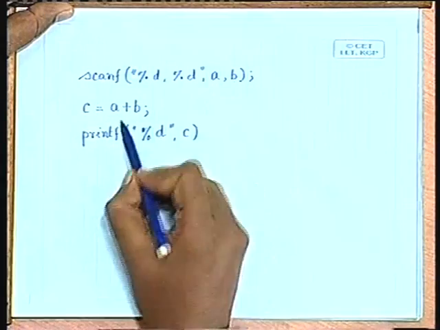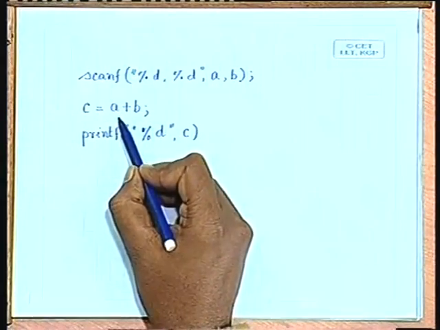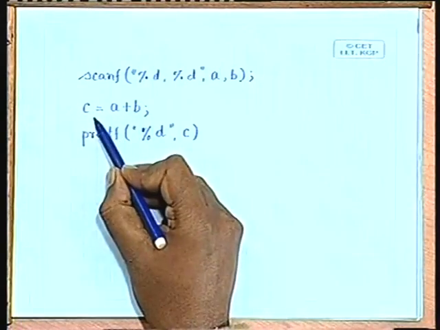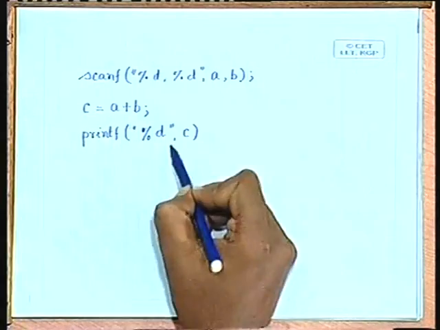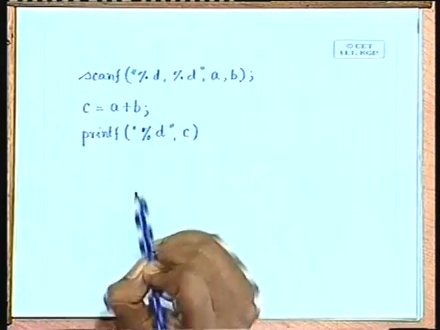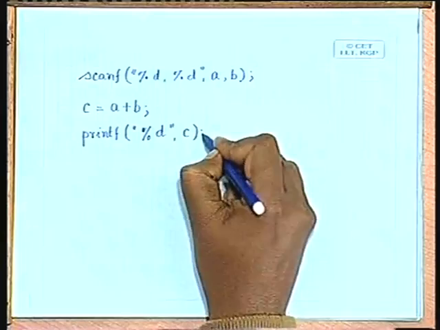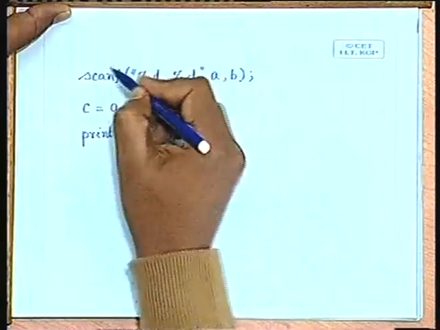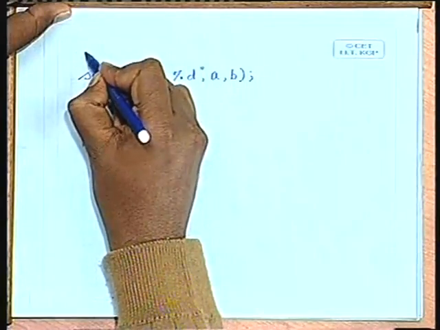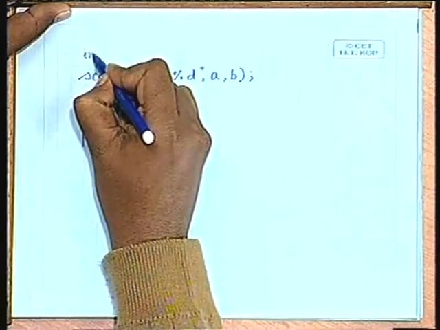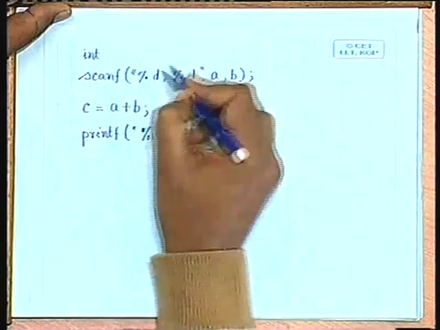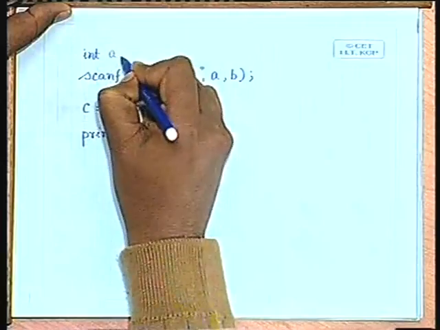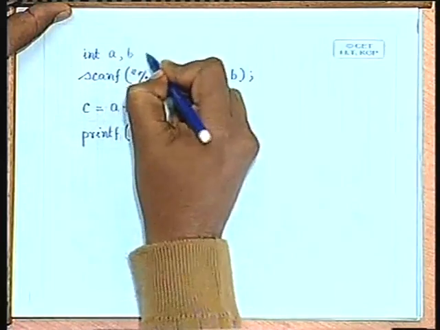Then we perform the addition of these two variables a and b, and the result is assigned to variable c, and then finally, we would like to print the value of c. Of course, before this we have to declare the variables a, b and c. So, let us declare the variables a, b and c as integer variables.